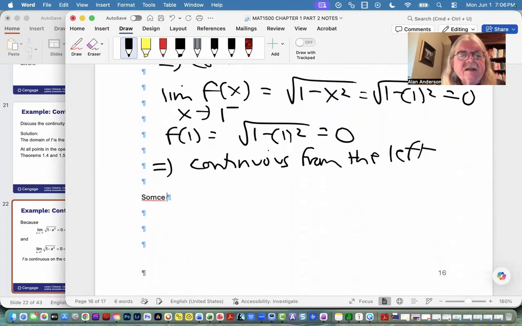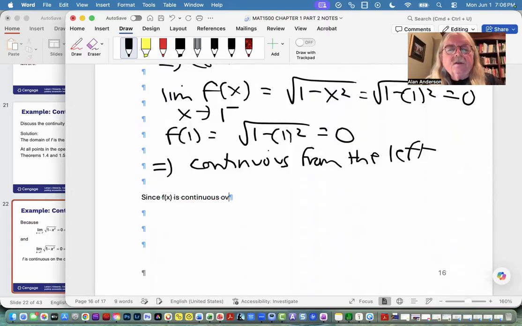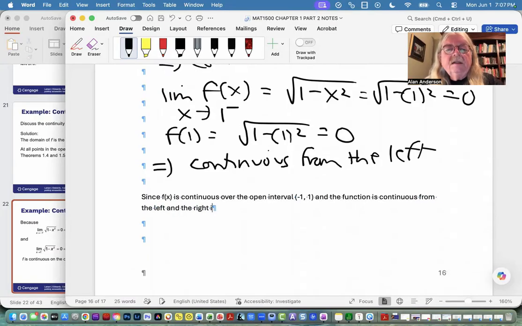So since f of x is continuous over the open interval (-1, 1), and the function is continuous from the left and the right, it is continuous over the closed interval [-1, 1].